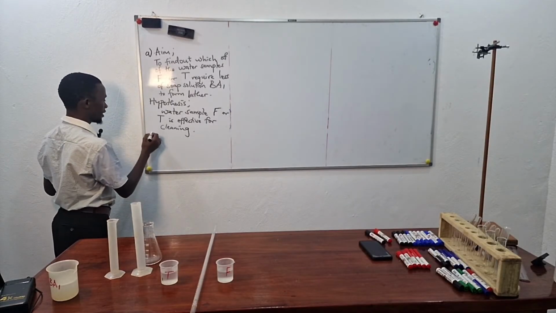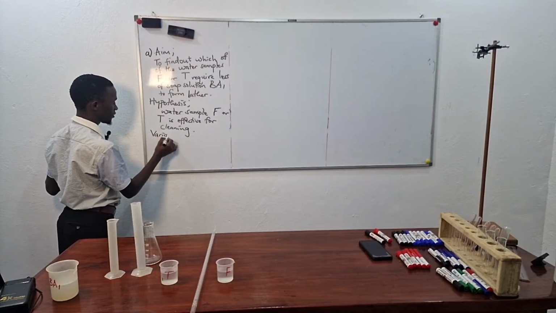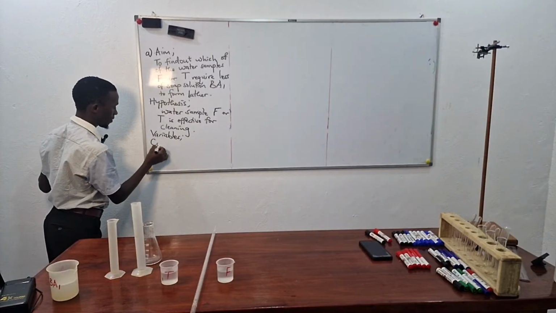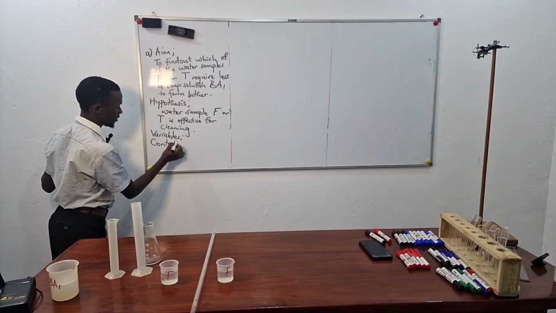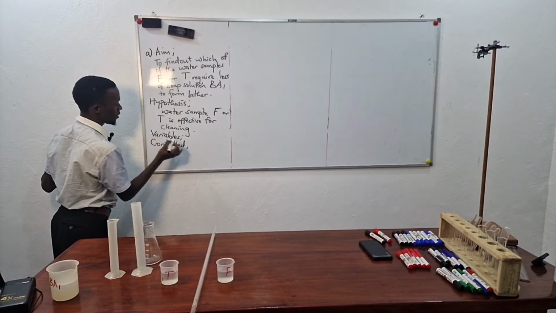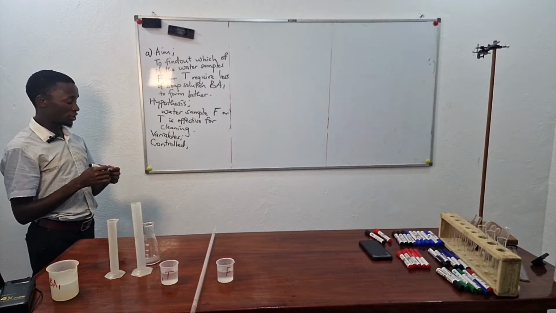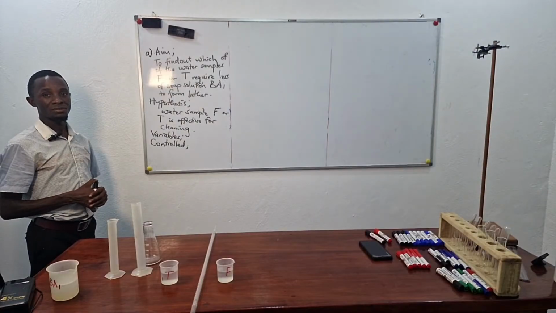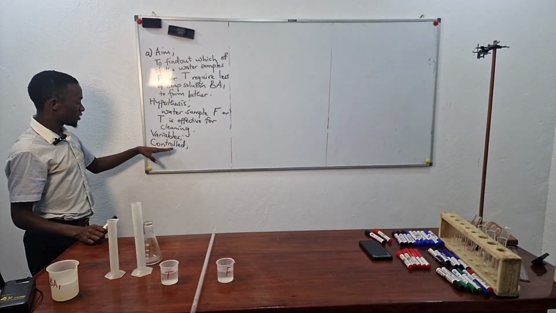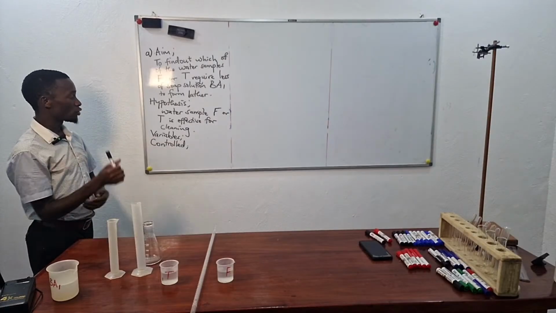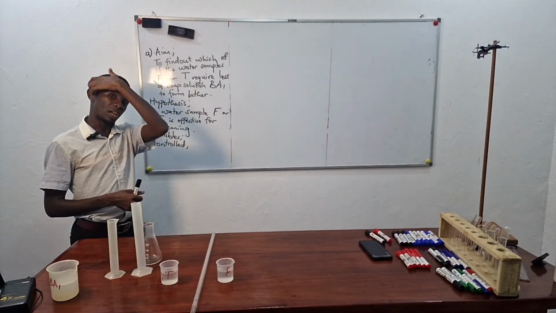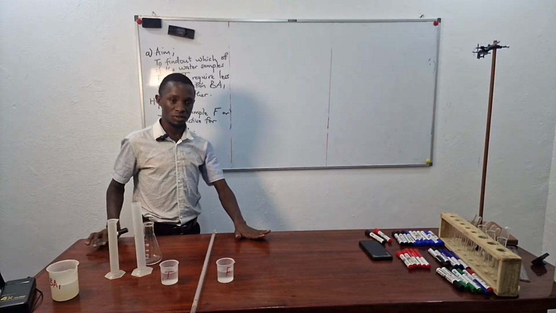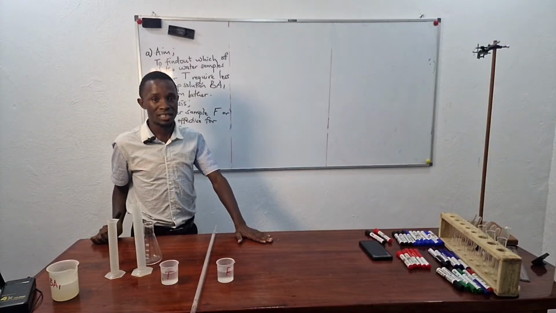The next thing is stating the variables. Among the variables, we said we have the controlled variables. And remember, controlled variables are the ones we keep constant in the investigation. For these practicals of soap with hard water, we shall always make sure that the volumes of the water samples we use are kept fixed or constant.